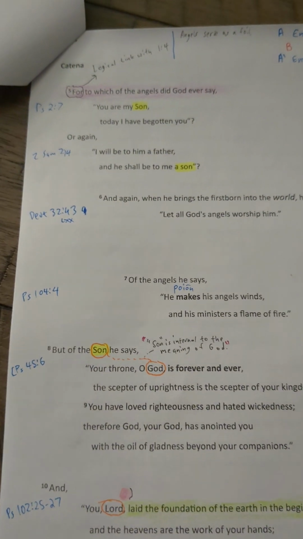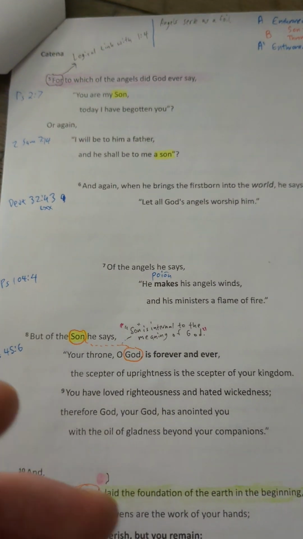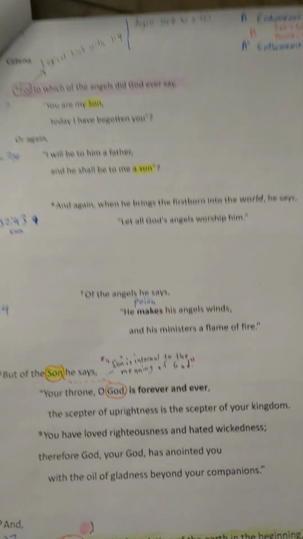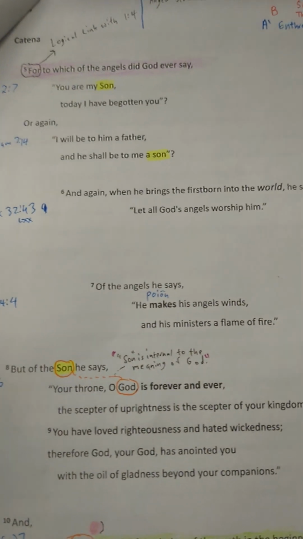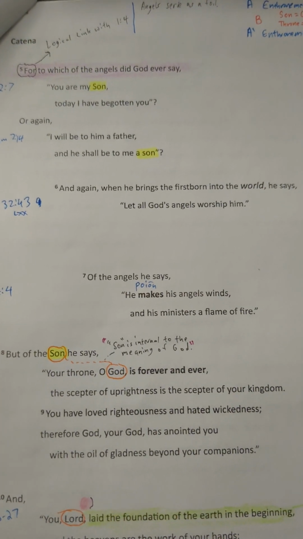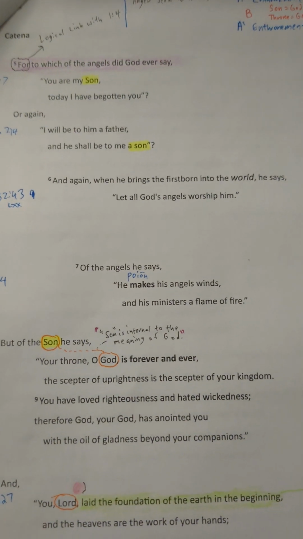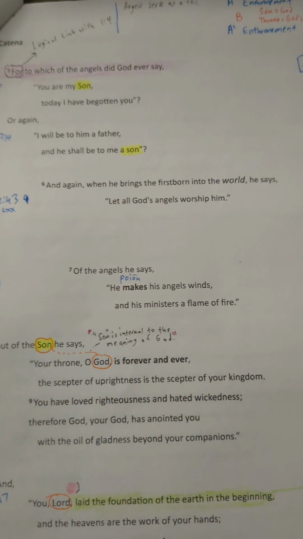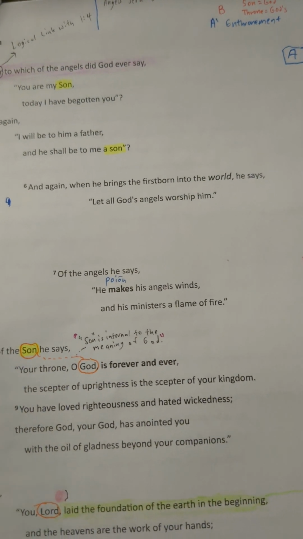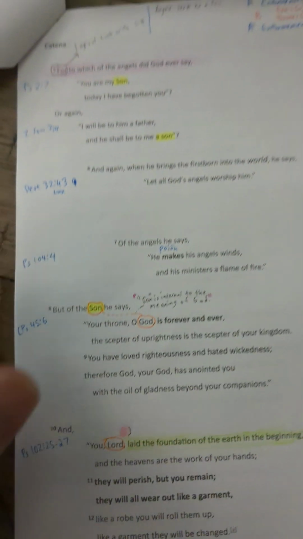There's good reason to think that maybe we have a title going on here of son being applied to Jesus, right, at a certain point in the economy. But the point that Bobby Jameson makes the whole way through here, and he has to pull in Cyril of Alexandria. Typically, when you think of partitive exegesis, you just think, is this predicated on his human nature or his divine nature?